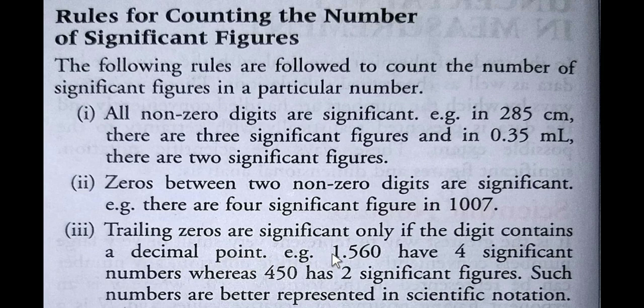For example, 1.560 has 4 significant figures. Why is this 0 significant? Because it is after a decimal point. Whereas 450 has 2 significant figures. Here is a 0, and the non-zero digits are 4 and 5, therefore 2 significant figures. Such numbers are better represented in scientific notation.